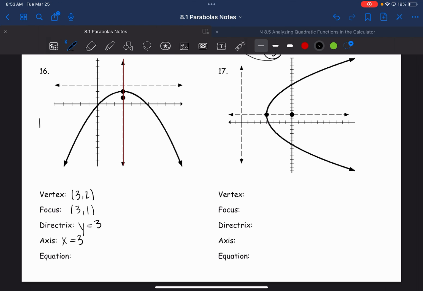Now, remember, 1 over 4p would be our stretch or our compression. And because my vertex was at 3, 2 and my focus was at 3, 1, what must our p-value be? 1. So that would just be 1 over 4, right? So my equation is a y equals equation, right?